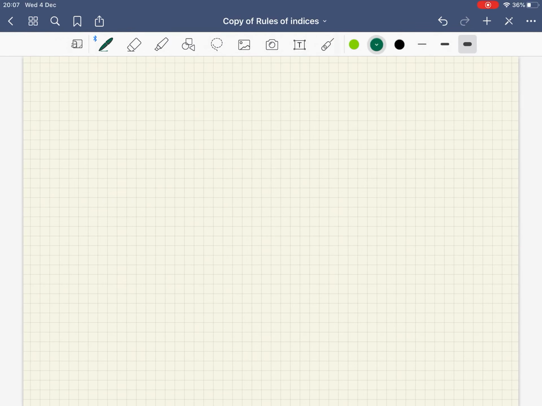Okay, second rule then. So this time we have a to the power of n divided by a to the power of m. This could also be shown as a fraction, because remember, a fraction is just a division.